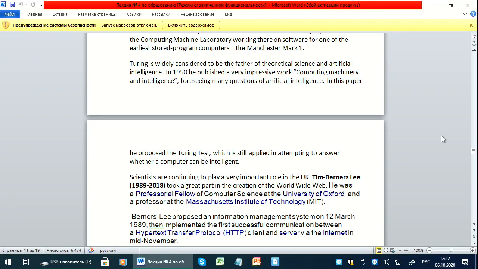Then he implemented the first successful communication between a hypertext transfer protocol client and server via the internet in mid-November. So do you remember this Latin word via? It's through.